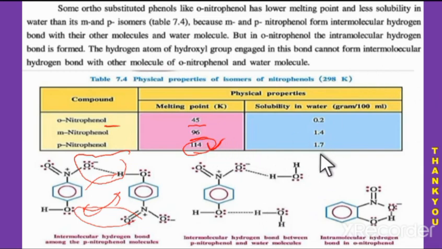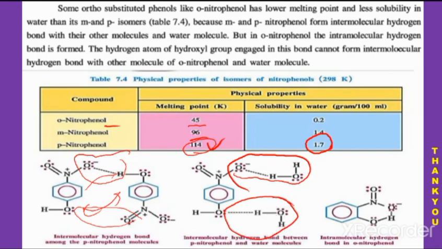Next, the solubility. If we consider the solubility of ortho, meta, and paranitrophenol, the solubility is also more in the case of paranitrophenol, because it can form hydrogen bonds with the water molecule. Both the nitro group as well as the hydroxy group can form intermolecular hydrogen bonding with the water molecule, so the solubility is more.